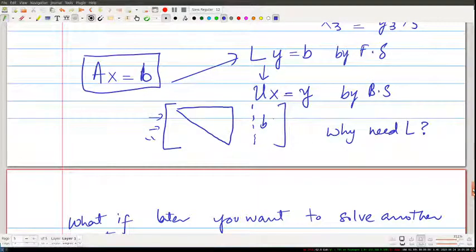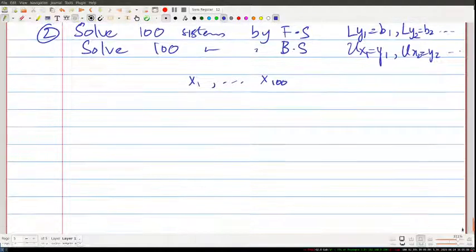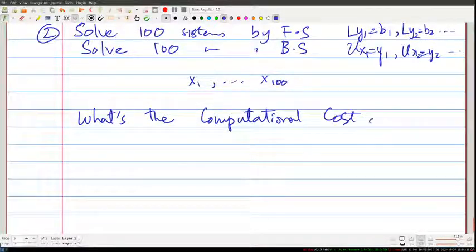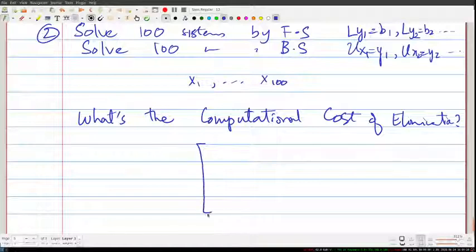And let's talk about how much computational cost it takes. So what's the cost of elimination? So let's consider an n by n system.